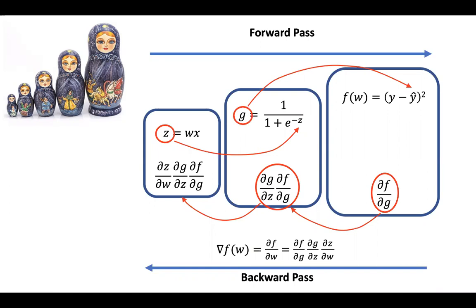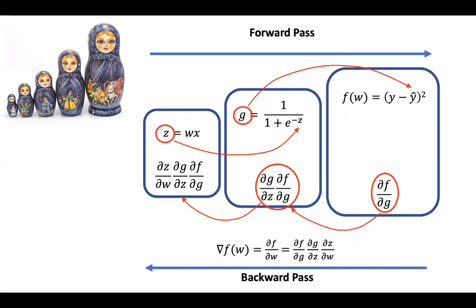So it's a kind of stacking: the first small doll, then a bigger doll, then the biggest doll, and the biggest doll is our loss function. Then this is called the forward pass, when we calculate our prediction and the loss.